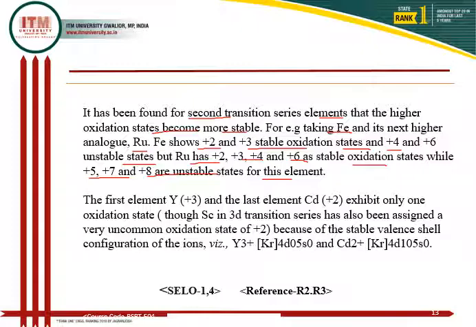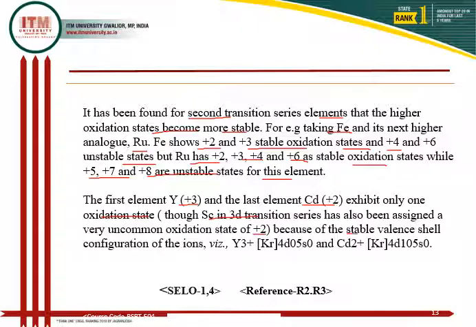The first element is of plus 3 and the last element is plus 2, exhibiting only one oxidation state. While if we compare with the 3d series, scandium has also been assigned a very common oxidation state, that is plus 2.